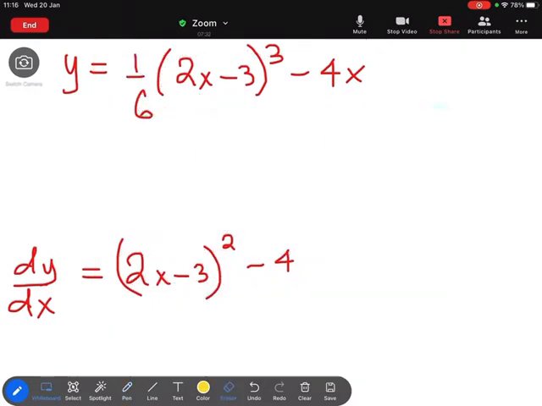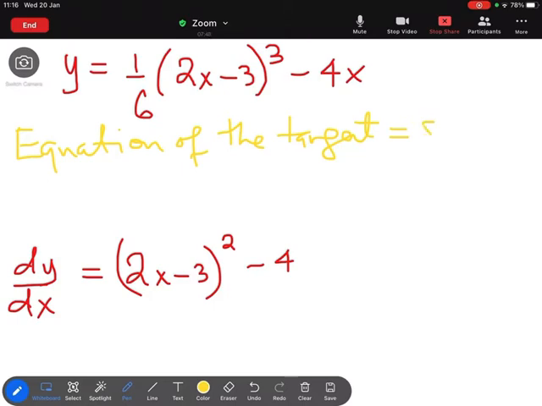Now, the tangent is a straight line. So this is the equation of the tangent. Given that this is a straight line, we know that the format of a straight line equation is y equals mx plus c.